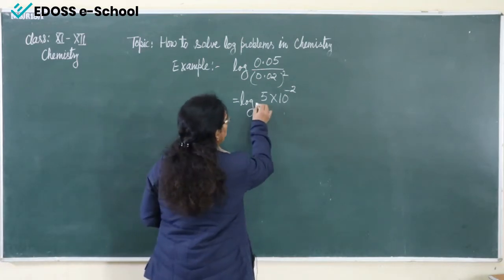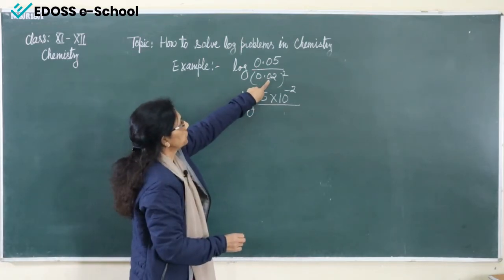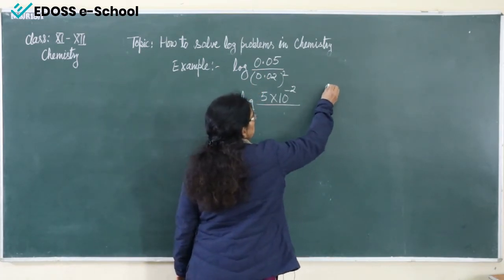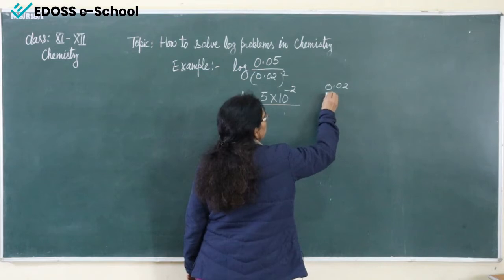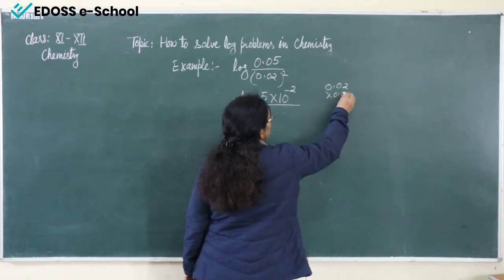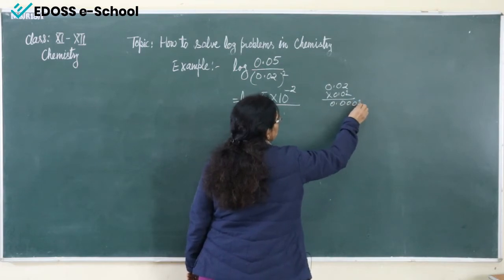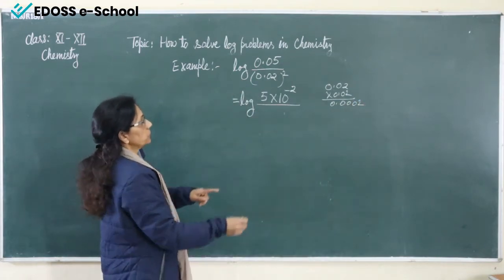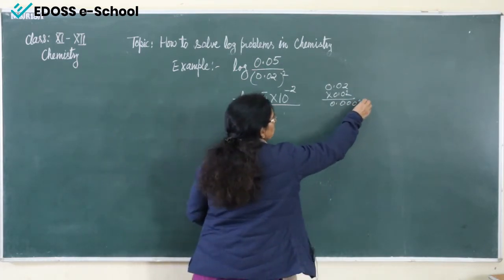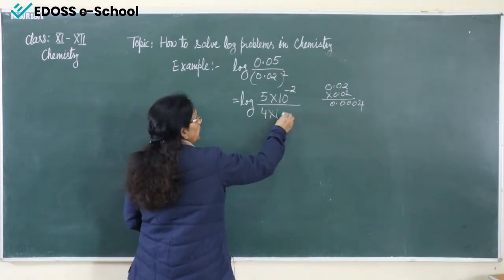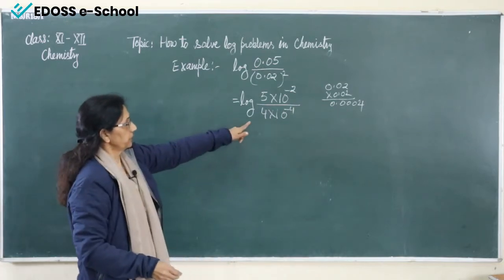Okay, and upon this is 0.02 multiplied by 0.02, so if you multiply it again by 0.02, it will come 0.0004, so we can write it 4 into 10 raised to power minus 4.